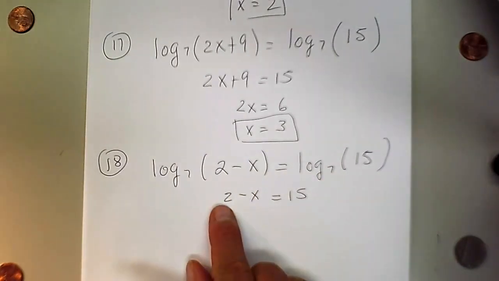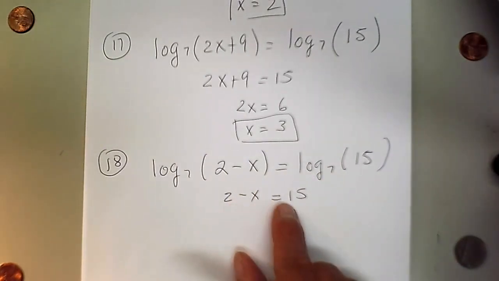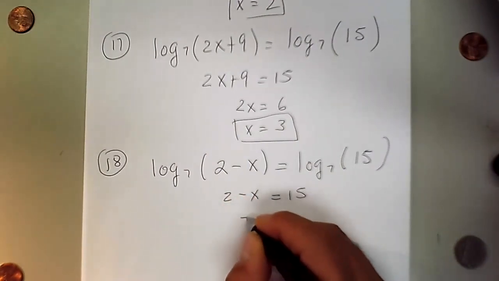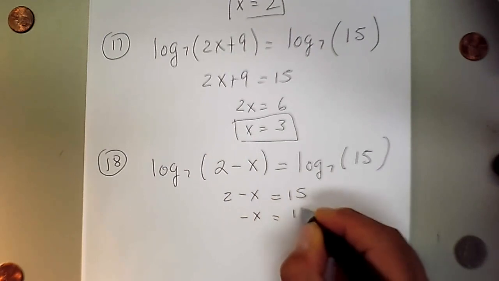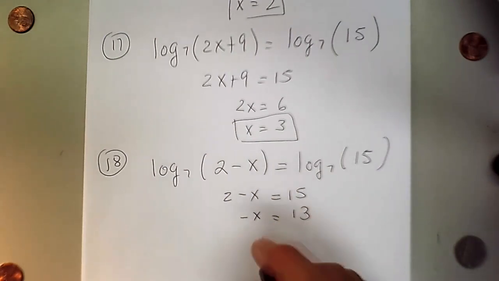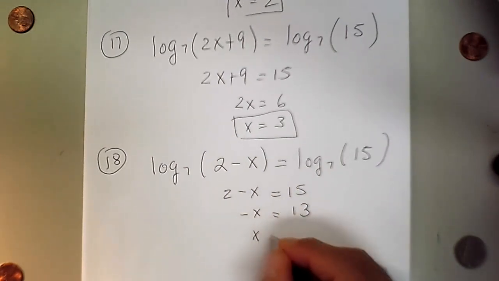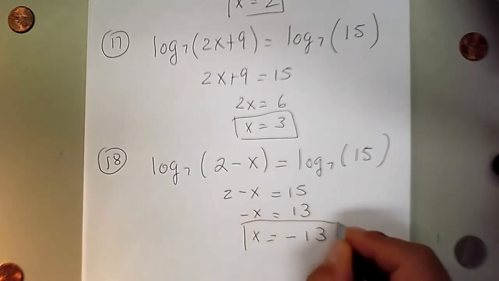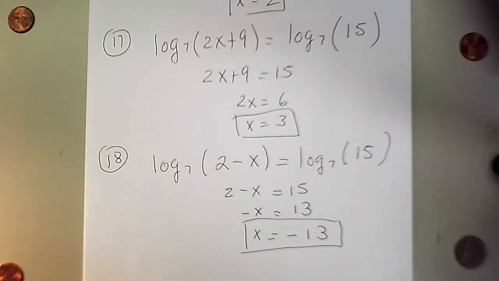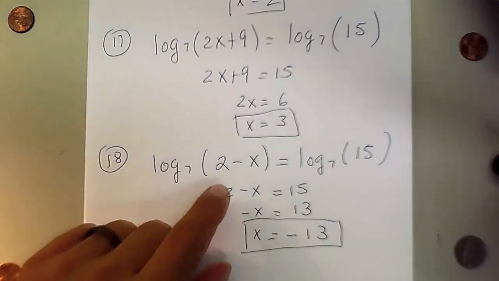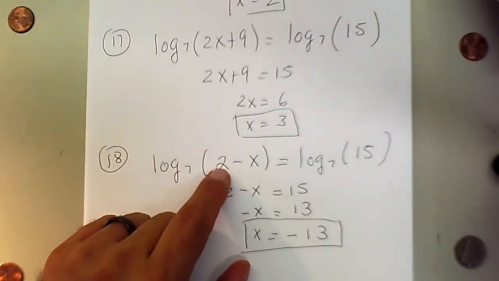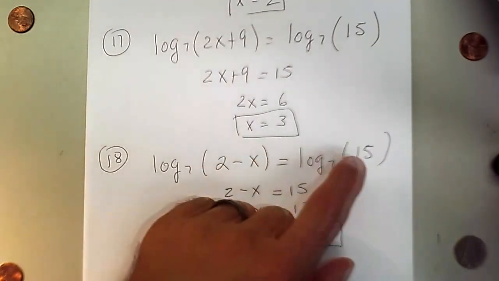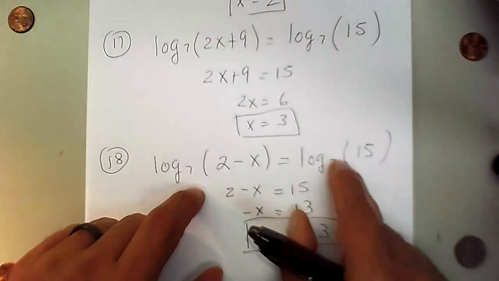So how do we solve this? We can move the 2 over, so negative x equals 13, but that's not x, that's negative x, so x is negative 13, and that is the correct answer. Because if you plug in negative 13 to this equation, 2 minus negative 13 is really 2 plus 13, and that gives us the 15 that is necessary for those two sides to be equal.